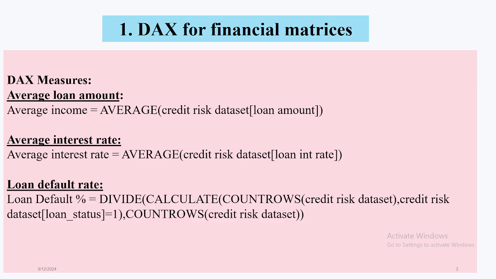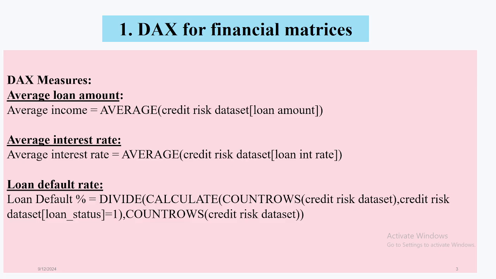And the count of all rows in the credit risk dataset gives the total number of loans. You divide the first figure by this one; that is the formula for the loan default rate.